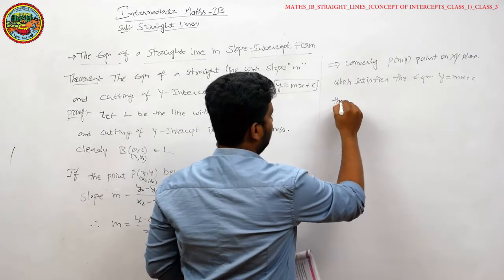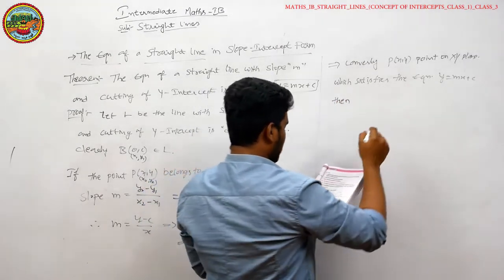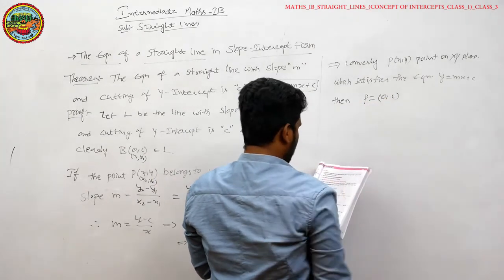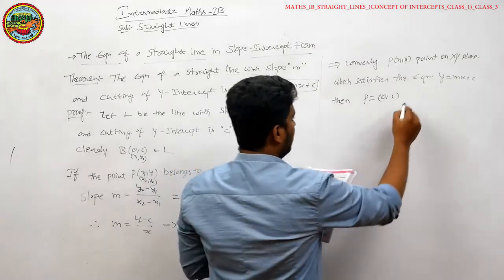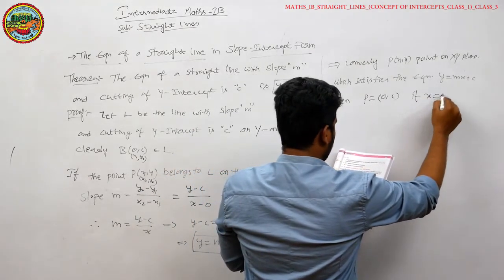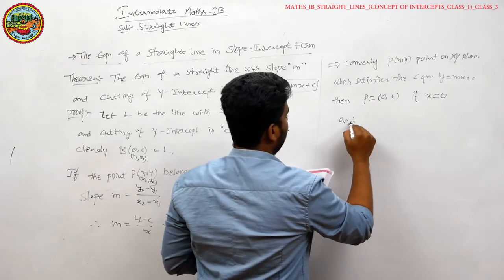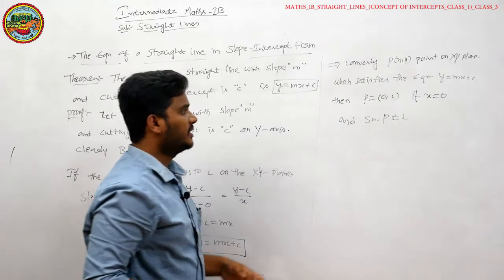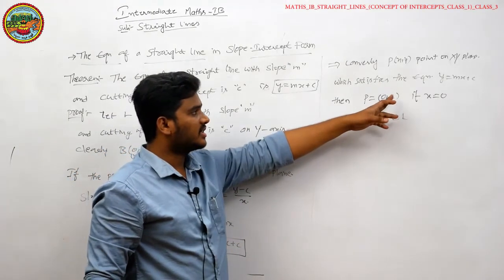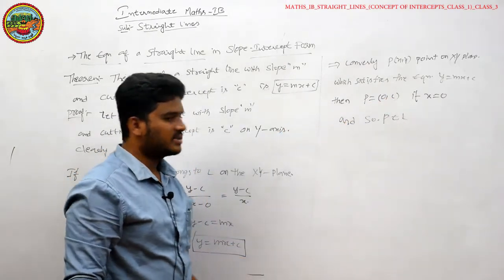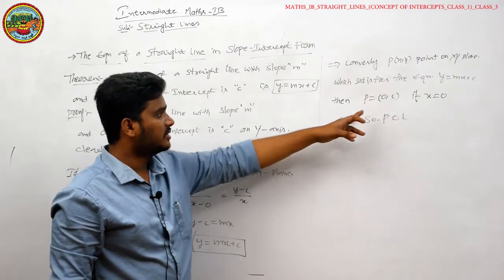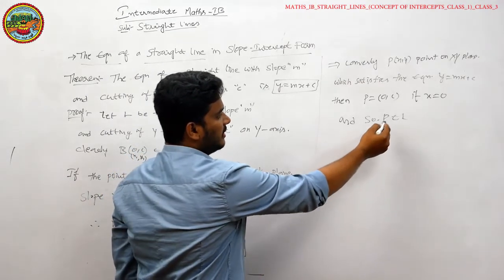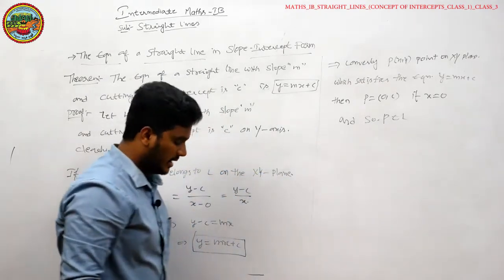So then P is equal to 0 comma c if x is equal to 0, and so P belongs to L. That means P is the y-intercept which cuts the y-axis at P, 0 comma c, with x equal to 0, and the point P belongs to the line L.